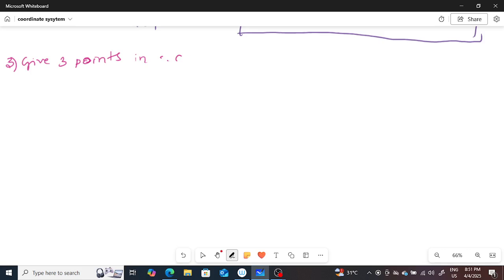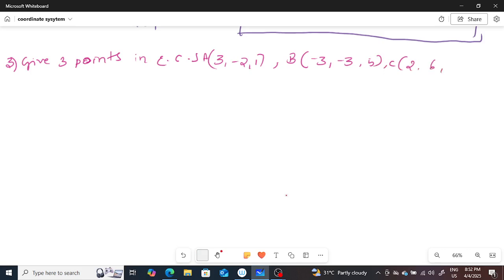I am writing it in short form. That is A(3, -2, 1), B(-3, -3, 5) and C(2, 6, -4).